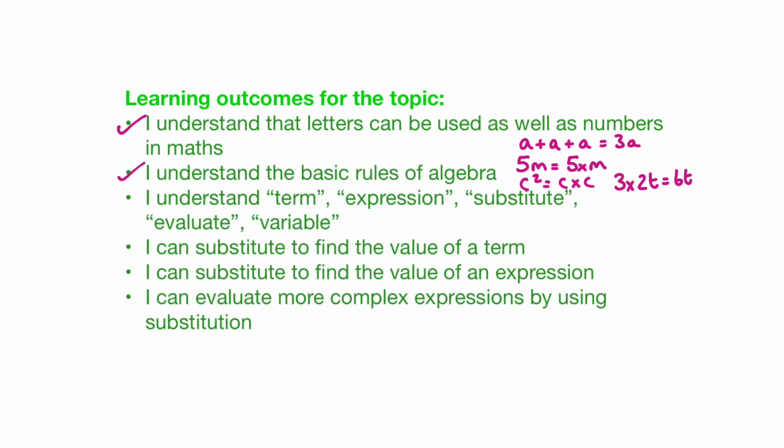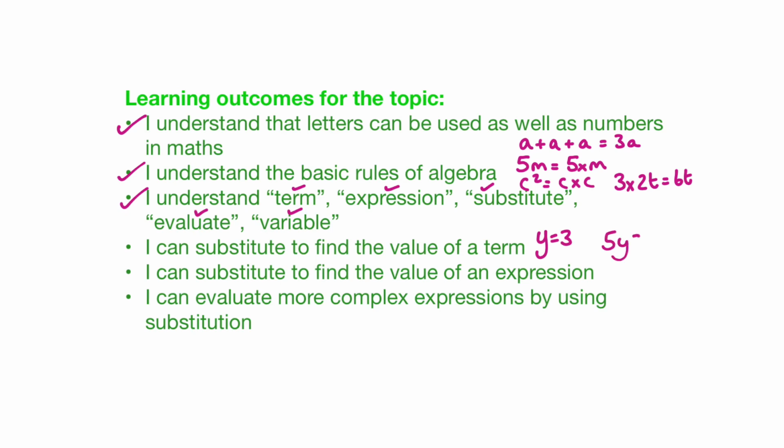We looked at these words: term, expression, substitute, evaluate, and variable. So we've got a note of what they all mean. And we started substituting to find the value of a term. So when we had y equals 3 in the last set of examples there, or the last exercise you did, we started off with y equals 3 and we found the value of a term, such as 5y.